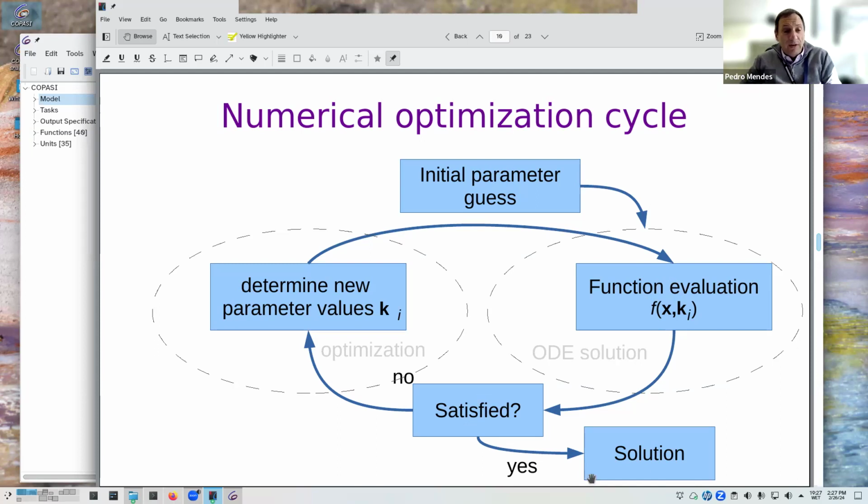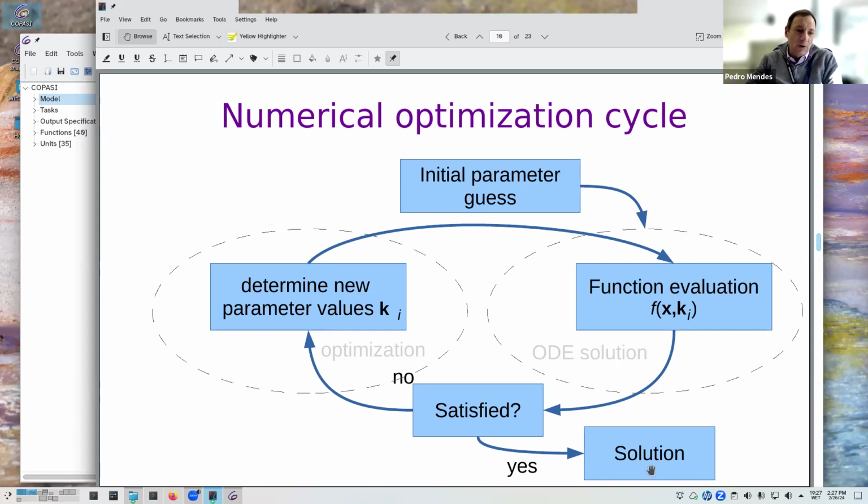And if it's close enough, that's it. We've solved our problem. We can end here. If it's not close enough, then we move on to another procedure, which is changing the parameter values. And this is where all the algorithms are different. This is where the optimization algorithms sit, and they have different methods by which they change these values, but they do. And again, we evaluate the function with the new parameter values, and we measure the distance to the data.